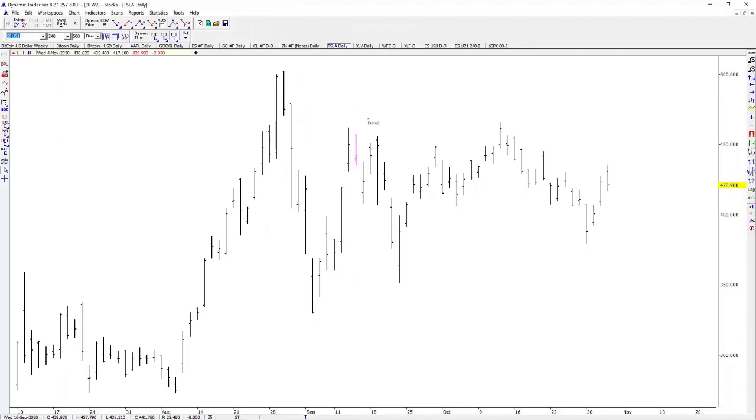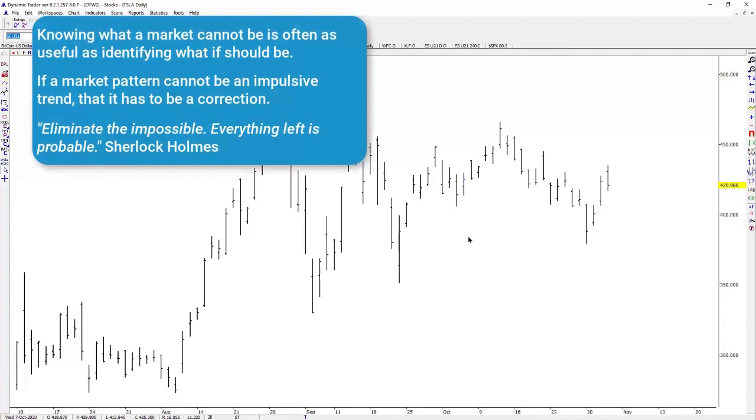Well, the second type of correction, the second most frequent type of correction, is an A, B, C, D, E. Now, the one thing this isn't, by the way, is an impulse trend. It isn't the beginning of an impulse trend. It's a correction of some sort or another. And it could be a potential A, B, C, D, and E.